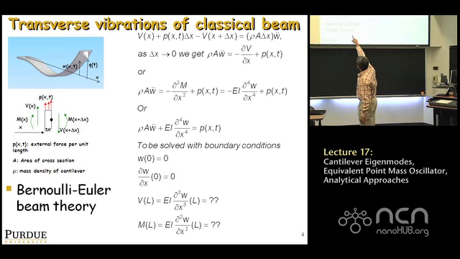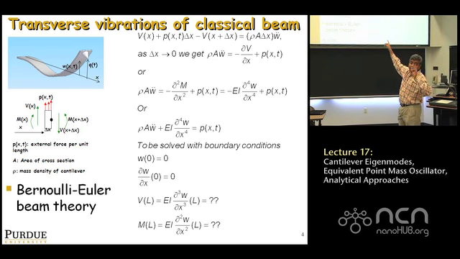Because the mass of this little wedge is going to be rho, the mass density, times the area of cross-section A, times delta x, okay? So that is basically density times volume. That gives you the mass of the element. Rho A delta x is the mass of the element. So rho A delta x times the acceleration, w double dot, which is the vertical acceleration.